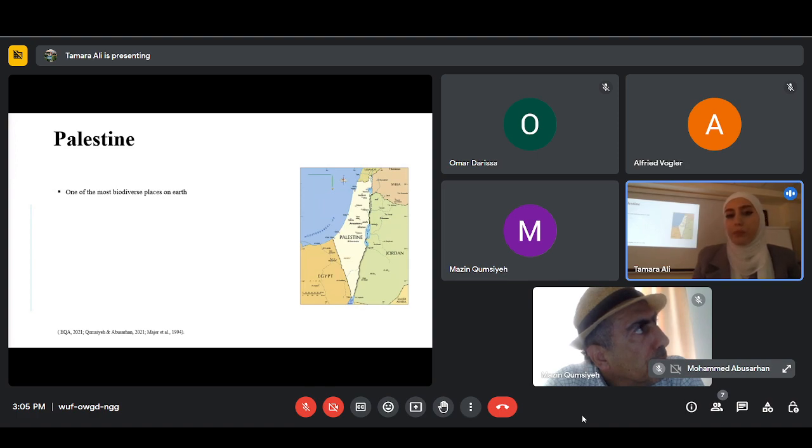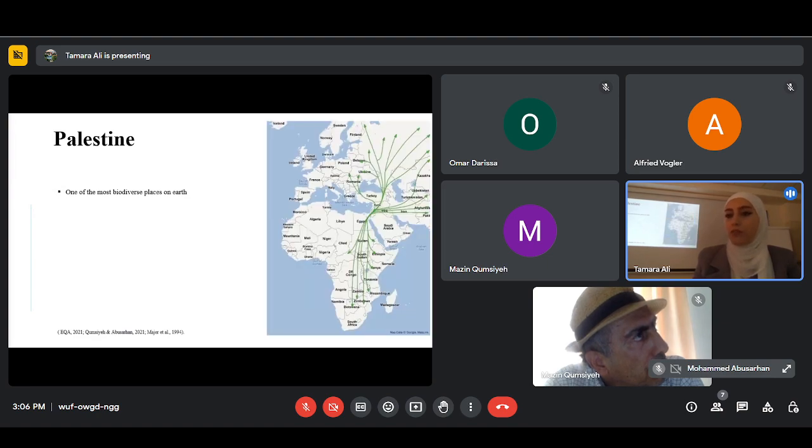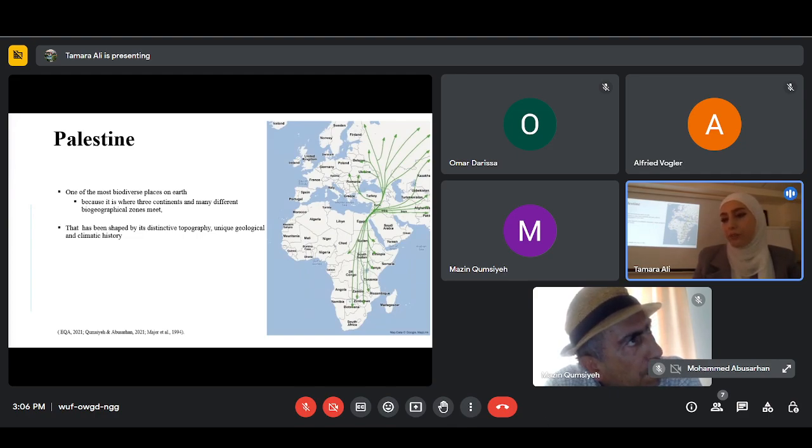Quick background on Palestine. Palestine is one of the most biodiverse places on earth, as we see in the photo on the right, because it is where the continents, Africa, Asia, and Europe, and many different biogeographical zones meet.